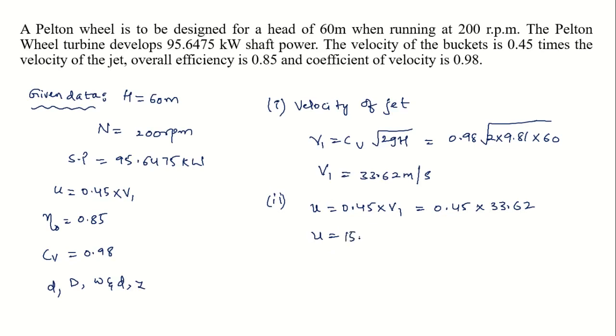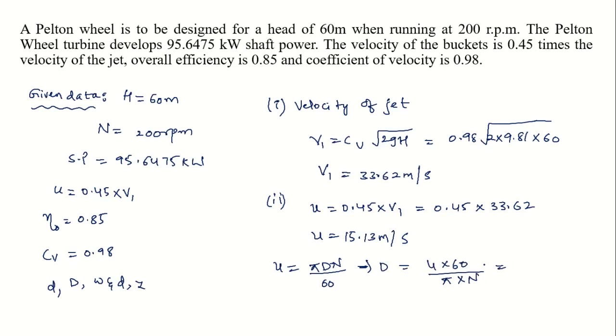So that's why we represent by u. So this is 15.13 meter per second. But we know that u is equal to pi d n by 60, correct? So from here, what can be written as d? D can be written as u into 60 by pi into n.